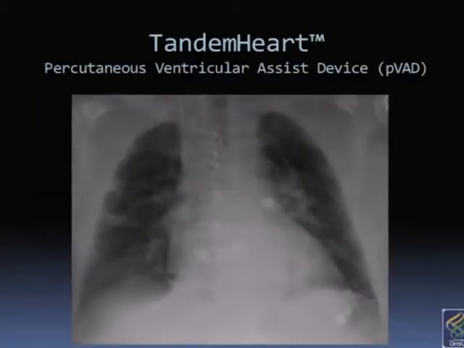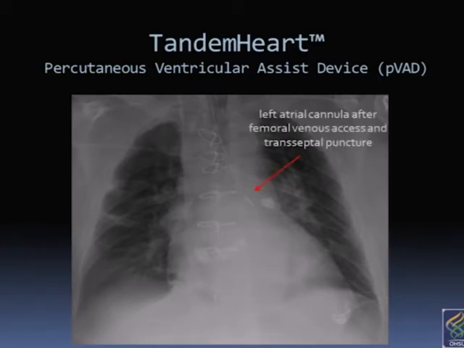I'm moving on to the so-called TandemHeart, and the TandemHeart pretty much just describes the pump that drives the device. Depending on where the cannulas are positioned on the patient, it will act as a left ventricular assist device or as a right ventricular assist device. In this patient, it's a left ventricular assist device placed percutaneously with a cannula that is inserted intravenously through the right atrium and then with a transseptal approach positioned in the left atrium.